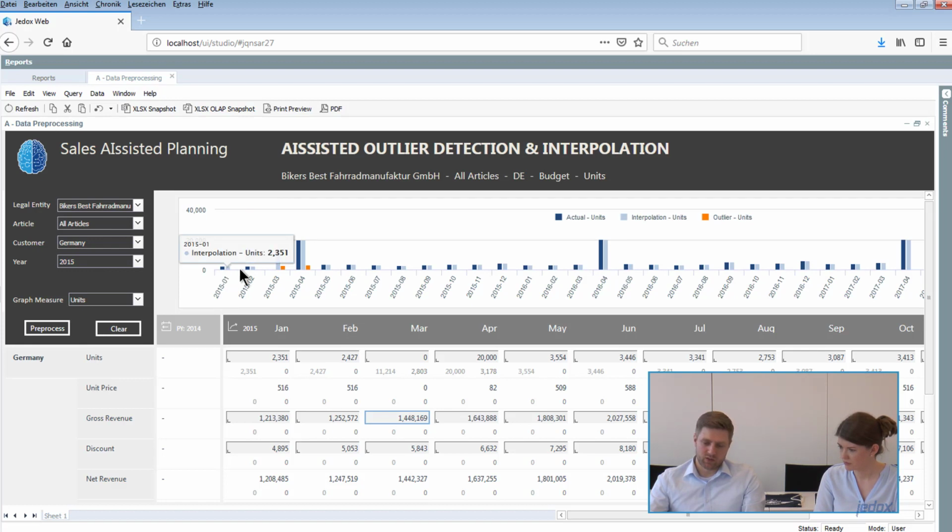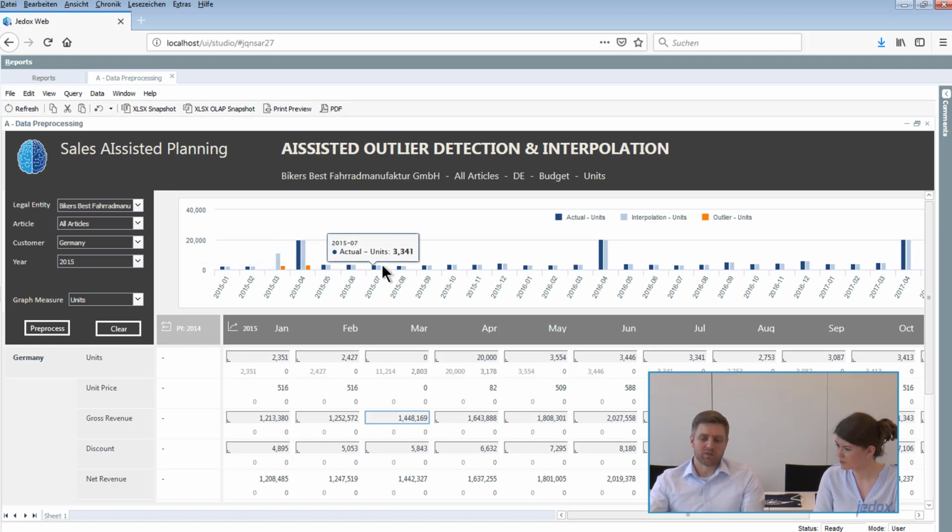So there are two values here in the 2,000 range, and then we have this 20,000 value, and then it goes back here. So it will be a value between 20,000 and 2,000.